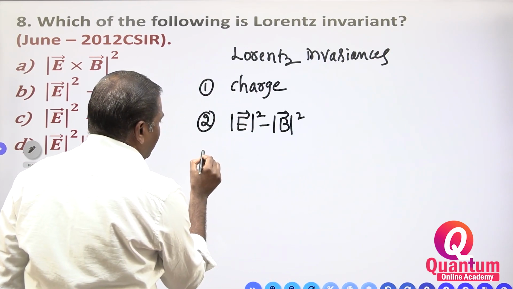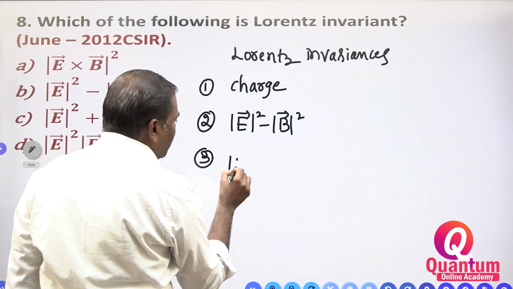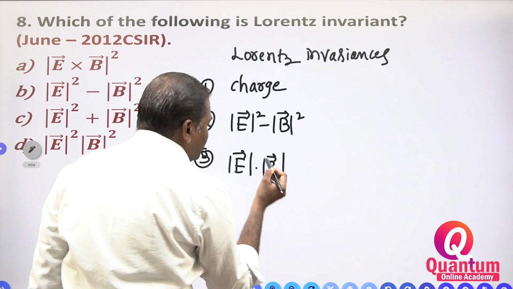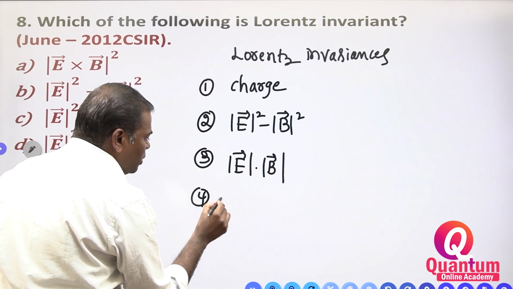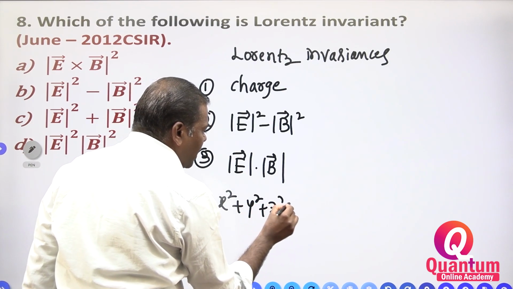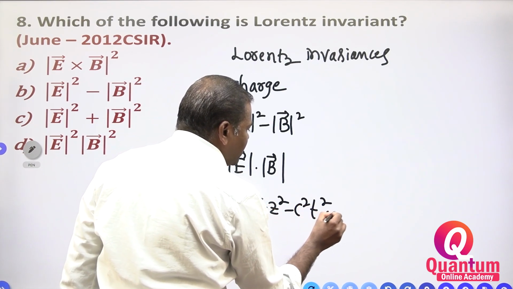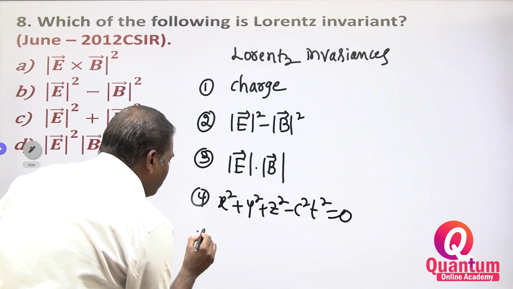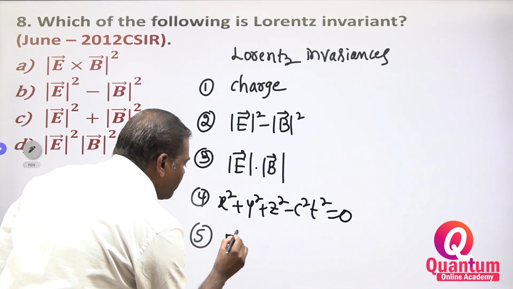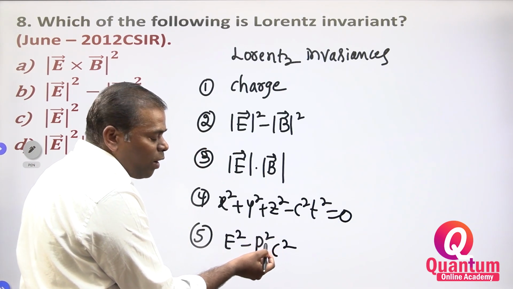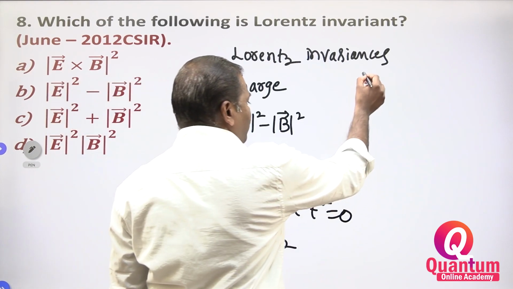This is an invariant. Number 3 is the electric field dot the magnetic field, which is also invariant. Number 4 is x square plus y square plus z square minus c square t square equal to 0. This is the invariant. Number 5 is E square minus p square c square, which is also invariant.